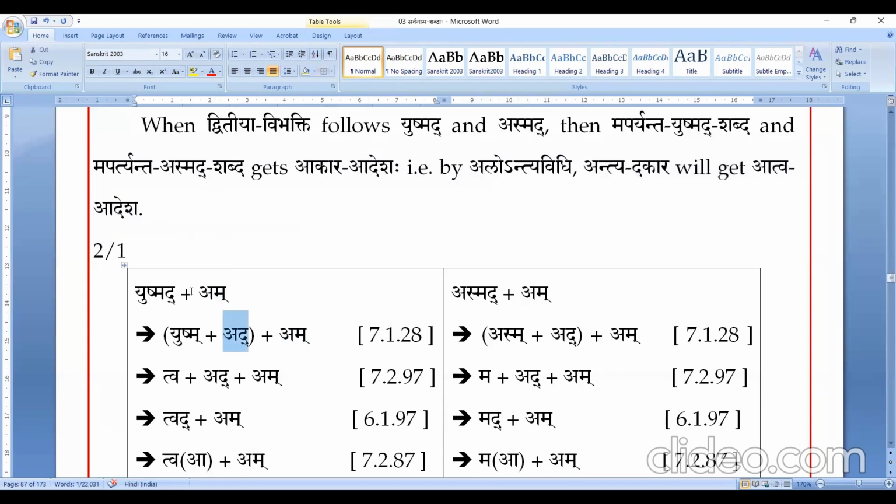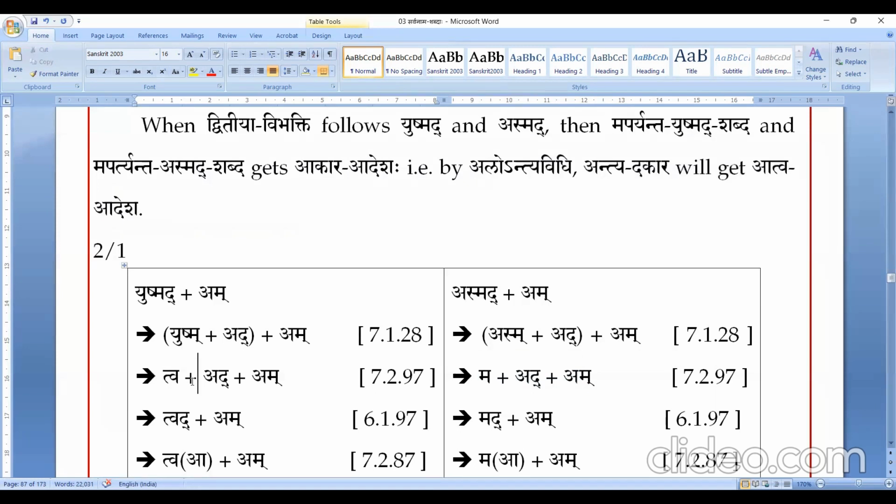Then yushmad iti ma paryantasya yushmad sthane by the sutra 7.2.97, which says when vibhakti pratyaya follows ekatva kathane, yushmad asmadoh sthane tva ma adesha bhavati. The yushmad is replaced by tva plus ad, similarly ma plus ad. Ma is the adesha, makara plus ma adesha in the place of ma paryantasya asmat shabdasya.